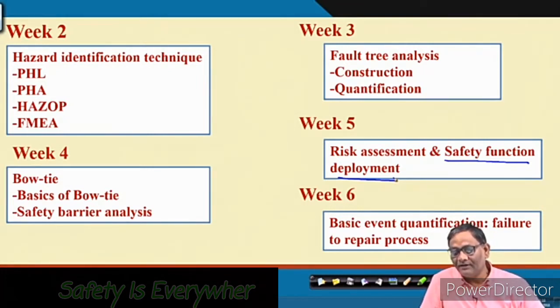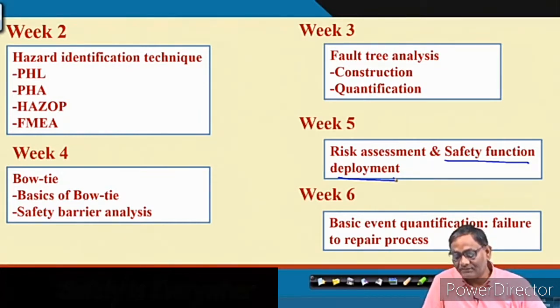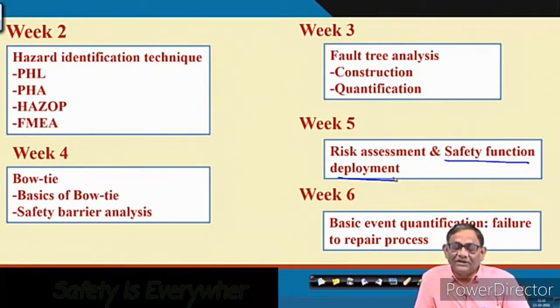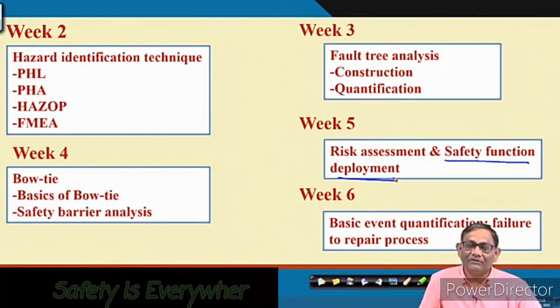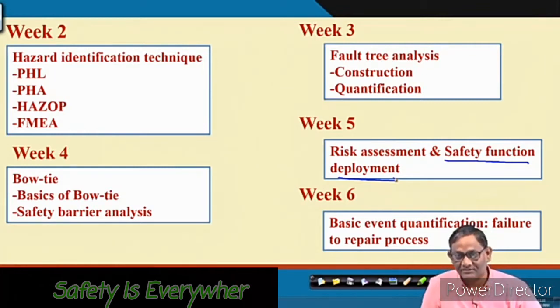We have given, starting from the stakeholder concern to the ultimate design solution, several steps of safety function deployment. It is conceptually or philosophically equivalent to quality function deployment, but if you see the components, it is not exactly like quality function deployment.